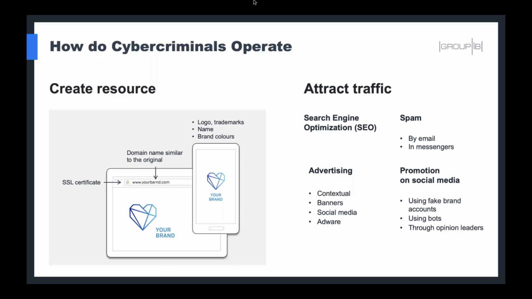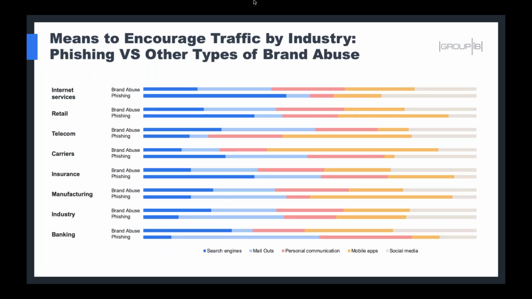So the traffic attraction tools, of course, all of them are well known, and all of you know what the tools are. This is spam mailing, different types of advertising, different types of promotion on social media, optimization in search engines, etc. Here I would like to mention again the calculation of our analysts.